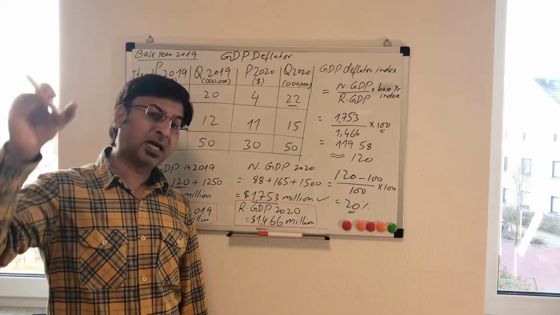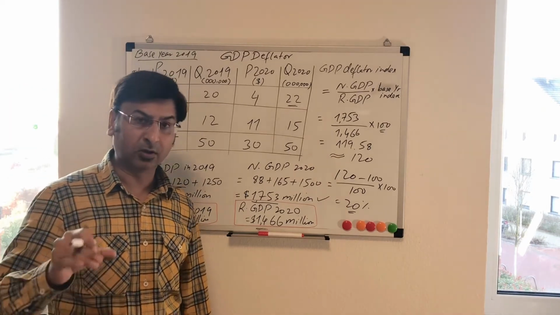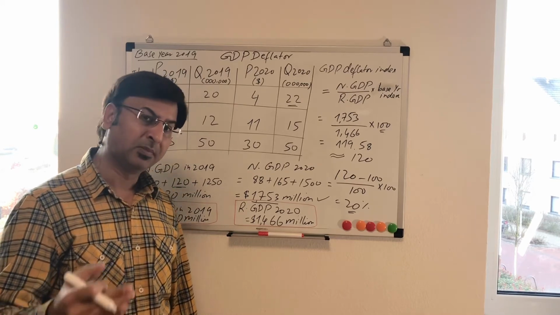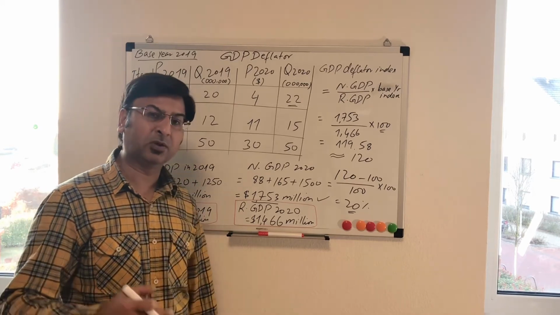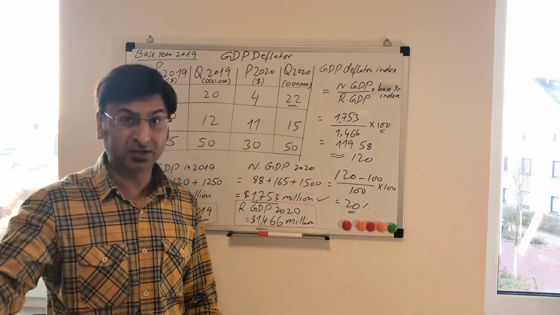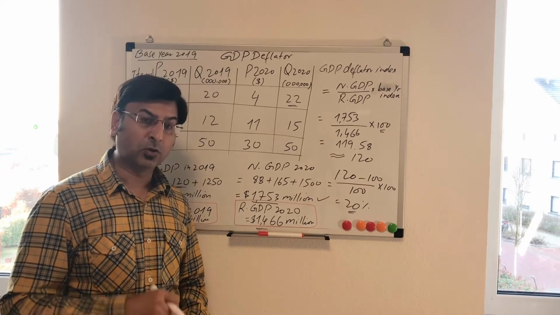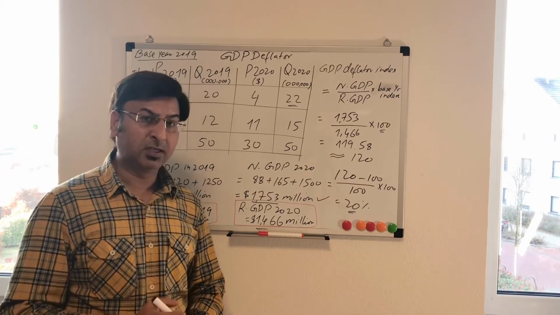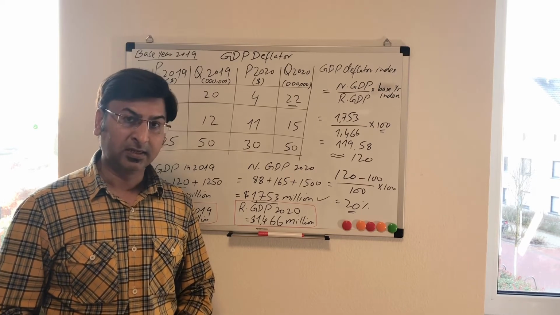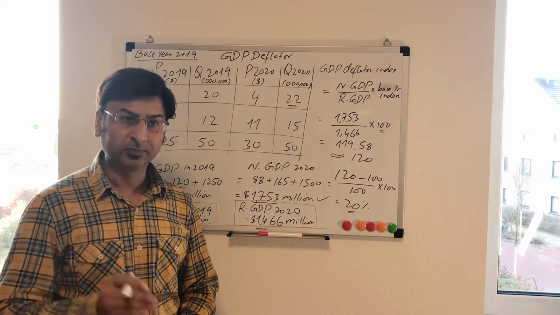In the CPI basket, we consider everything which is consumed by all individuals in that country, including imported items. But GDP only considers goods and services produced, may not even be consumed, but produced within the country. So we are going to see now shortly how we calculate CPI, or consumer price index.